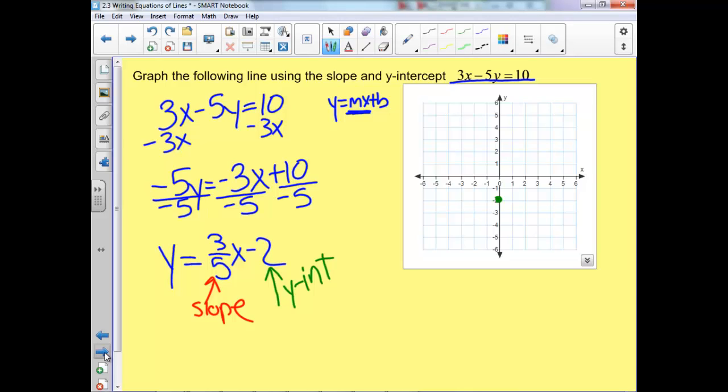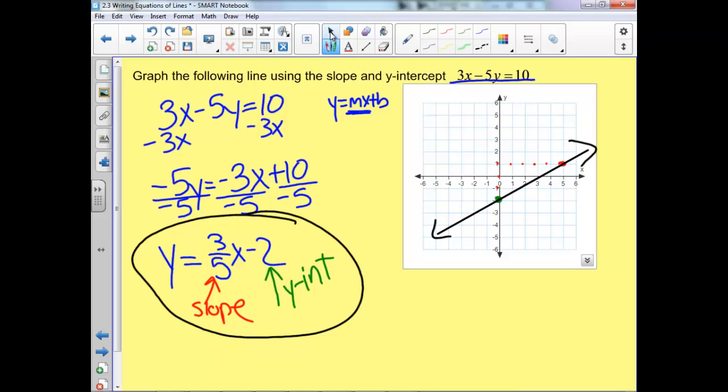So from this green dot, we're going to go up 3, so 1, 2, 3, and over 5, 1, 2, 3, 4, 5. And then we're going to connect these 2 points. And there's the graph of our line. So it's really easy to graph a line using slope and y-intercept. The key thing is just get it to this form, and then you've got your pieces.